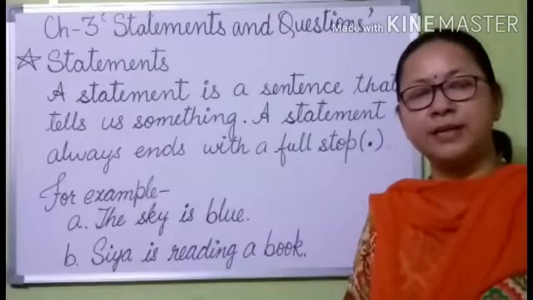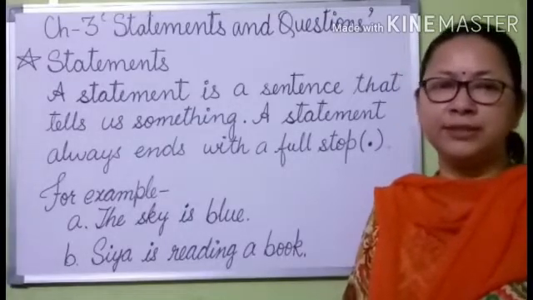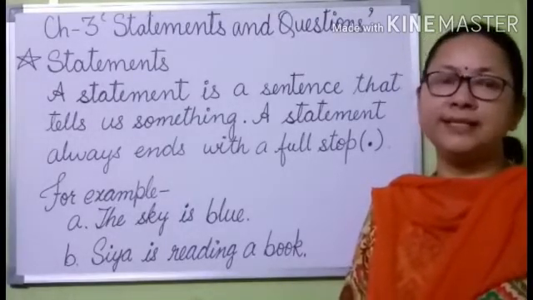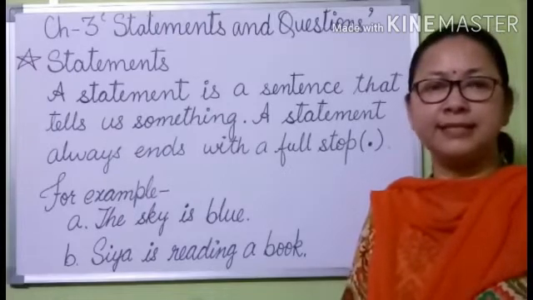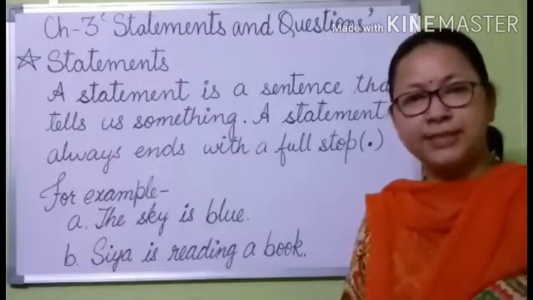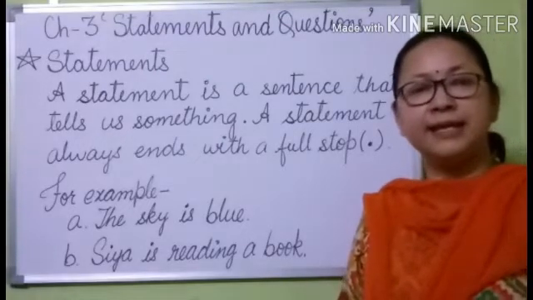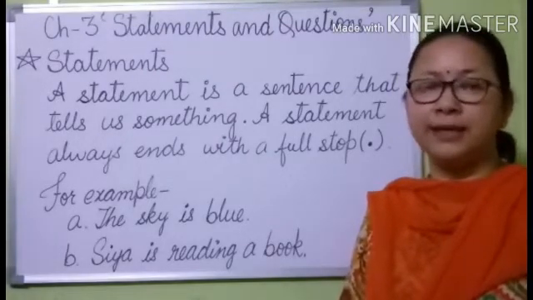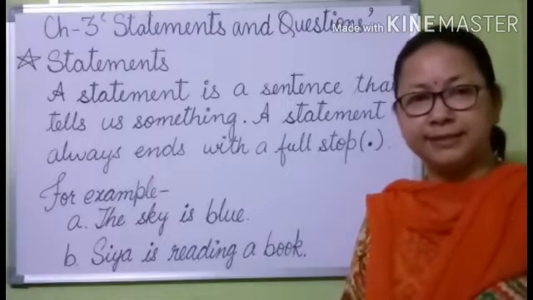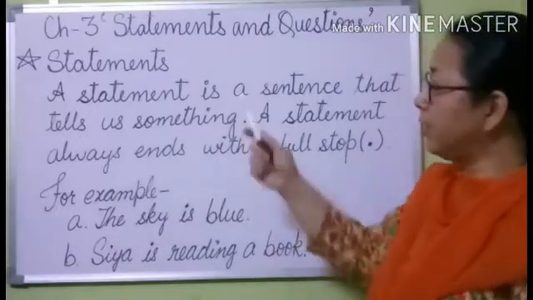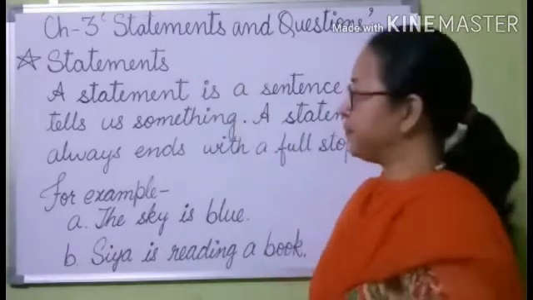Children, in the previous chapter, we learned about sentences. What is a sentence? A sentence is a group of words that makes complete sense, and a sentence always begins with a capital letter. Now, let's talk about statements.